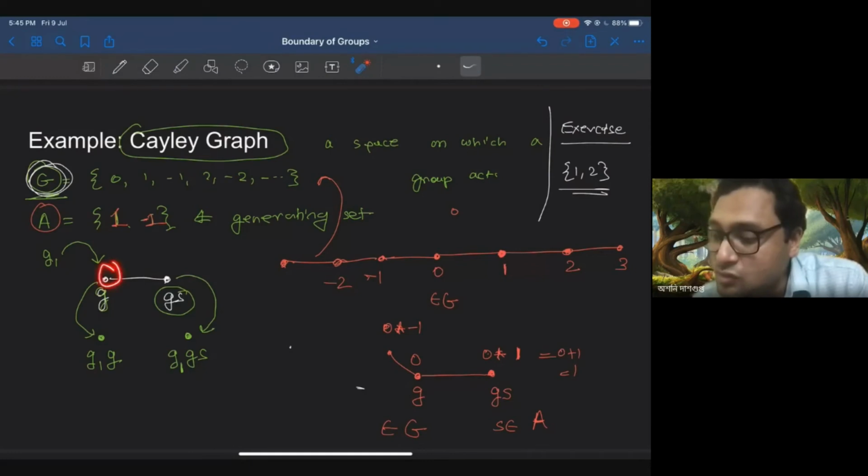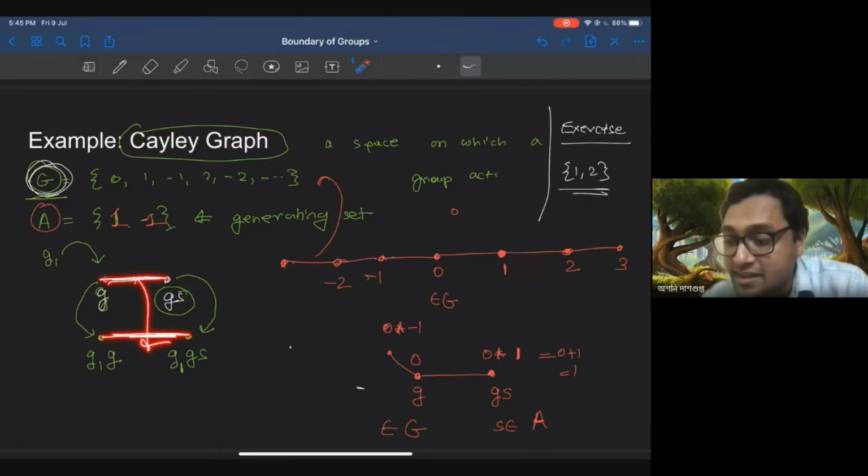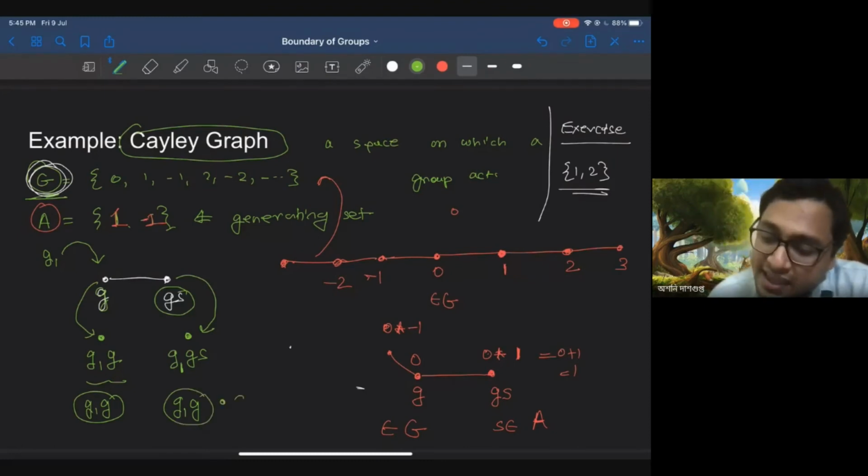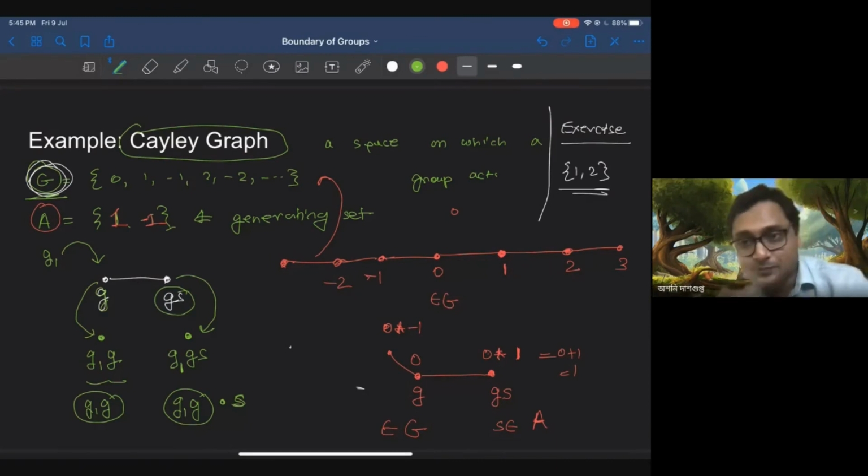So this vertex goes to this vertex, and this vertex goes to this vertex. Now the question is, what happens to this edge? Does it go to the edge connecting them? Is there an edge connecting them? Of course there is, because g1g is one vertex, and the rule that we defined is that you just multiply with a generating element to get the other vertex to which it is connected.